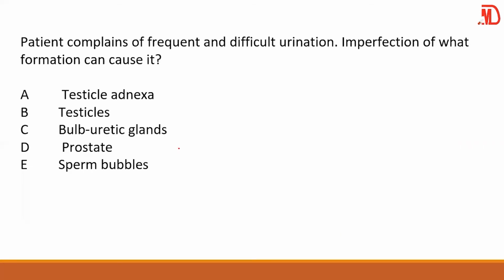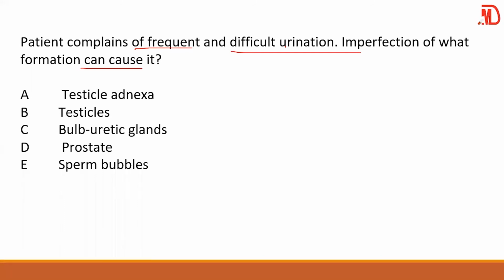All right. Now, a patient complains of a frequent and difficult urination. Imperfection of what function can cause this? Guys, there's difficulty in urinating. That means that something is blocking the release of the urine. And in men, what can cause this is the prostate.